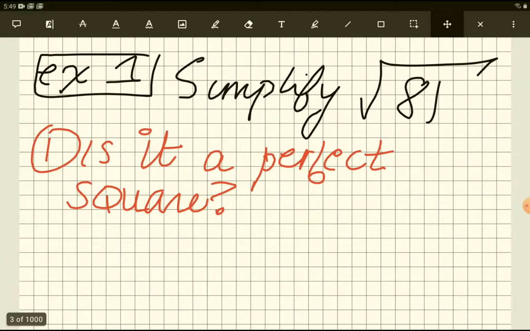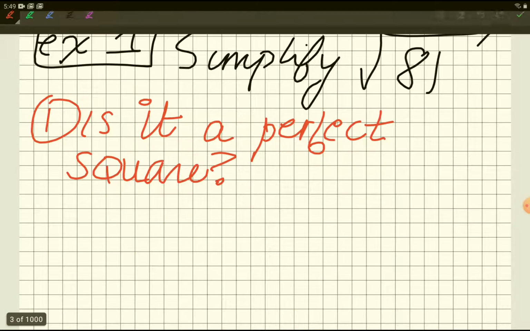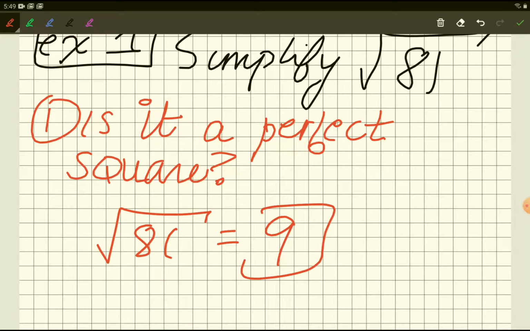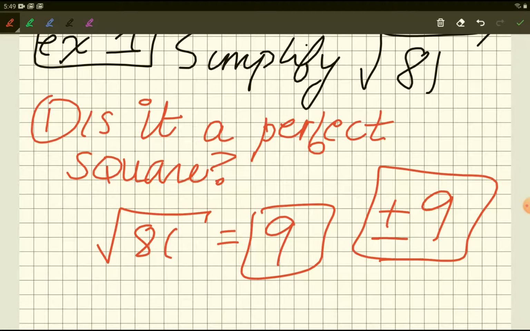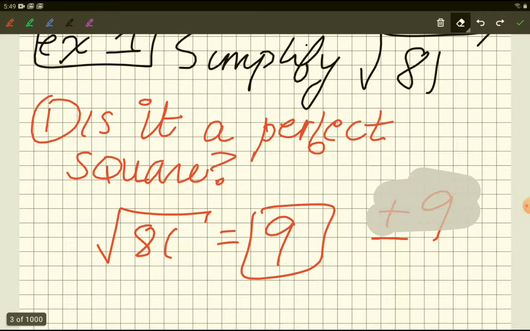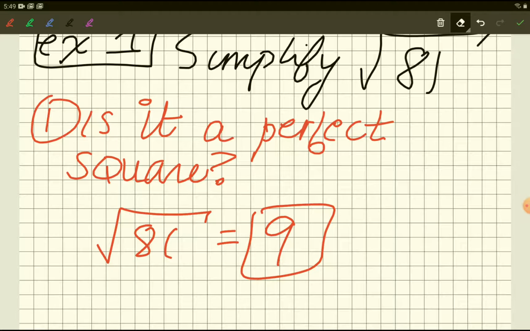And so when you go here, since 81 is a perfect square, your answer is just 9. This is technically the right answer, but for my class purposes, at least for this lesson, that's not something we need to discuss right now.